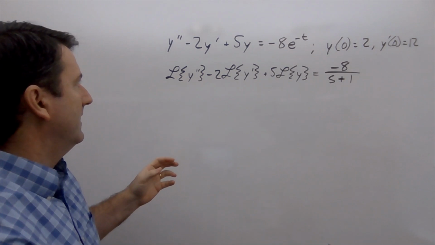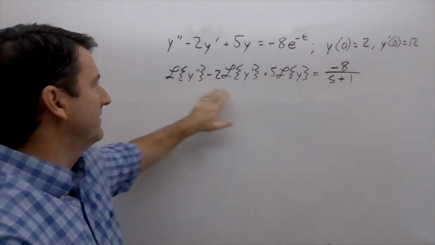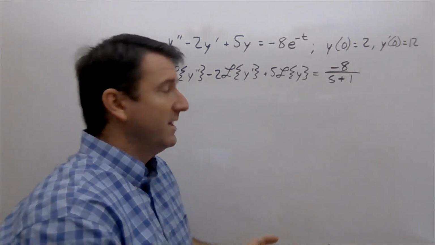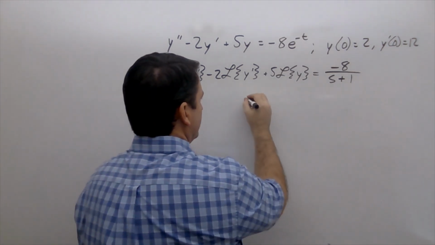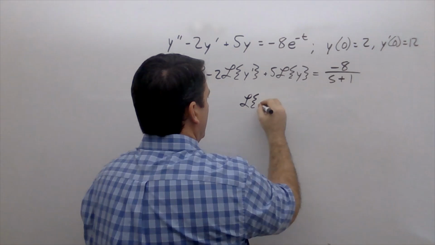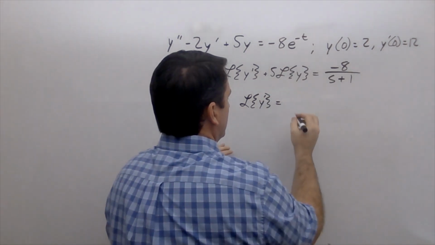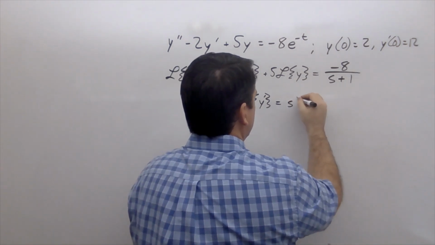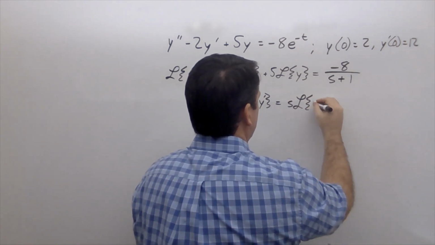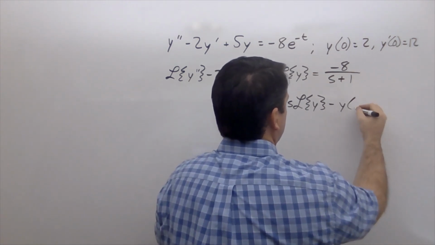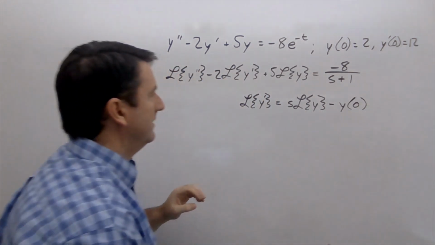All right. Next, notice that we've got the Laplace transform of a derivative, and we talked about what to do with those. We said that the Laplace transform of the derivative of a function is equal to s times the Laplace transform of the function minus the function at 0.